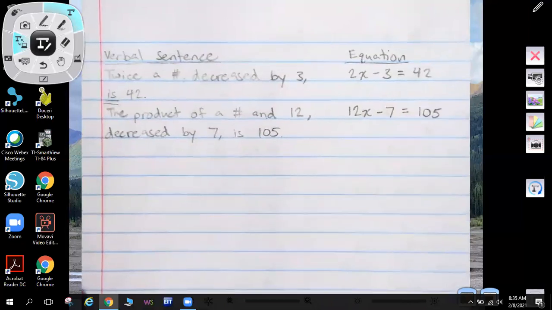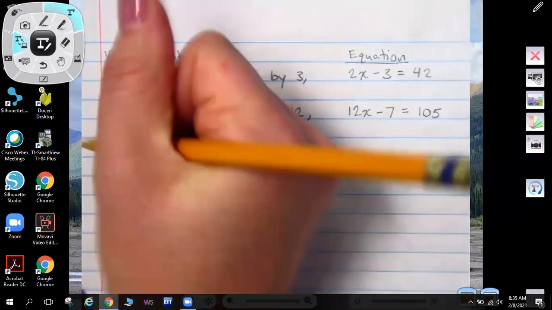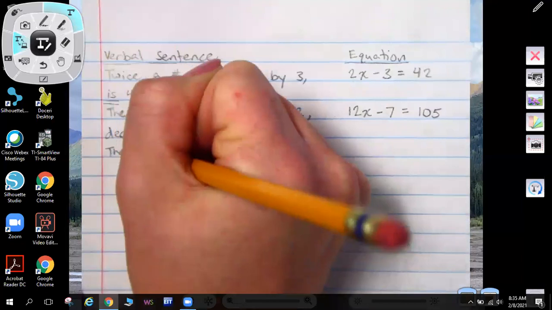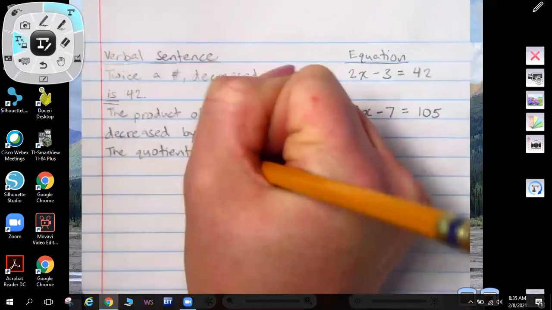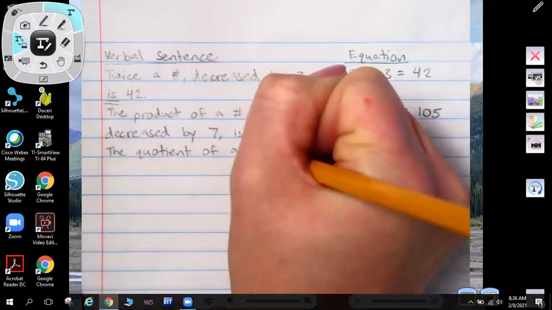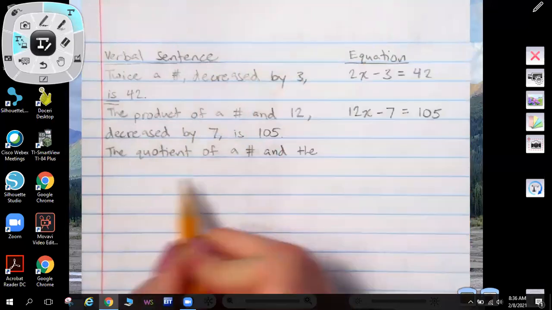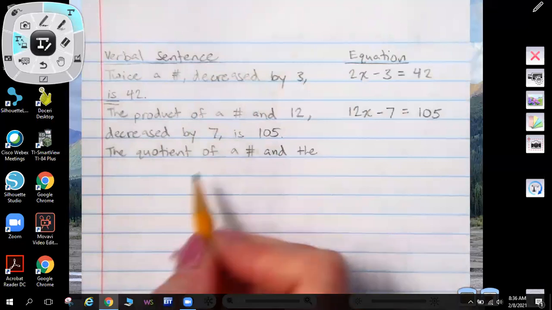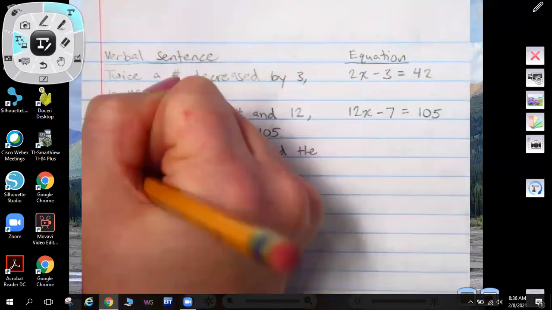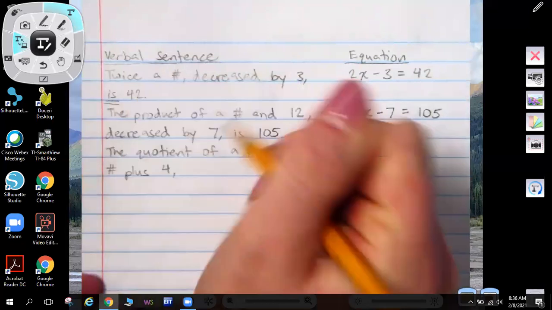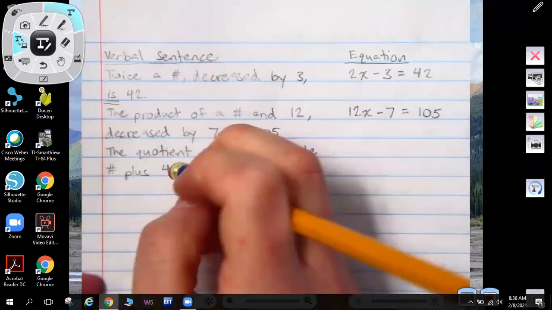Okay, the next sentence, the quotient of a number and the number plus 4 is 28.